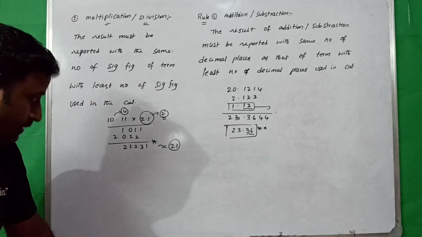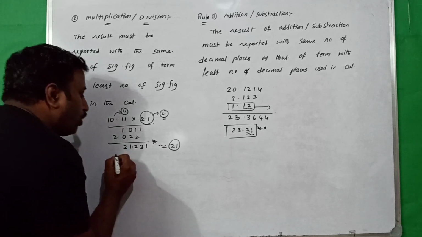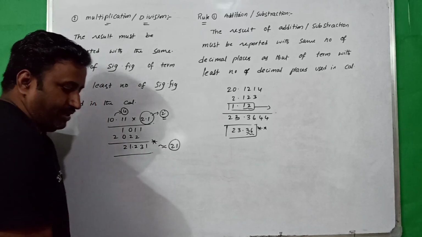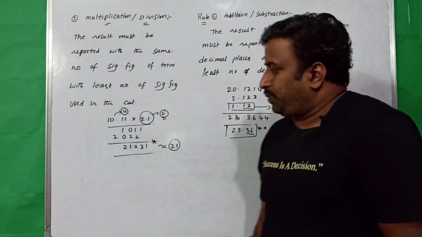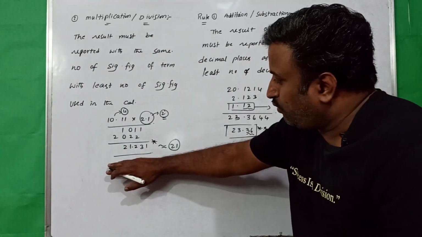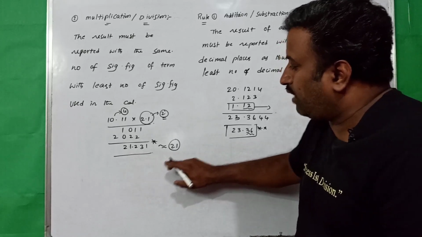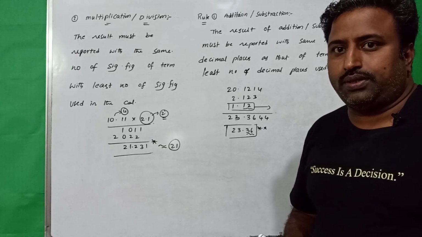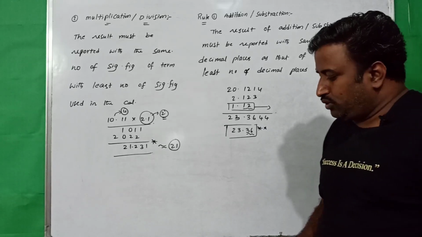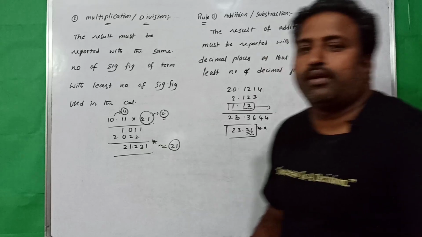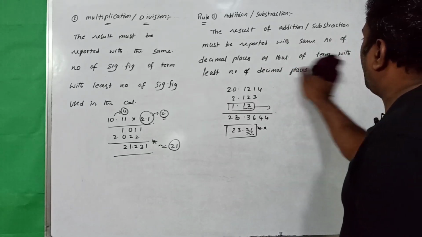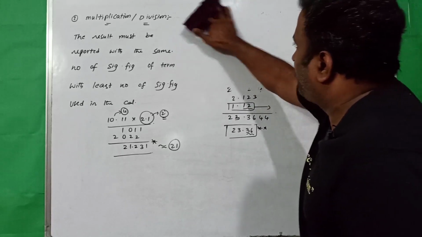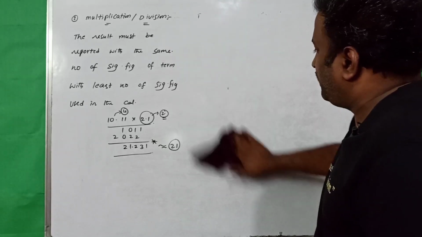Now there is a need of rounding off any number with the required number of significant figures. So here we have 5 significant figures that we have to convert into only 2 significant figures. For that we need to follow certain rules. So let us learn those rules to round off any number to the required number of significant figures.